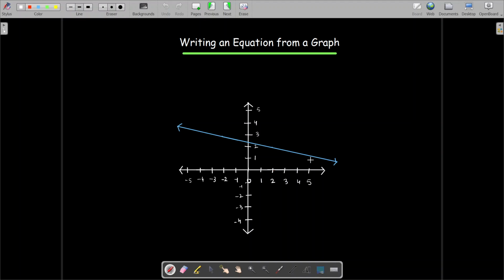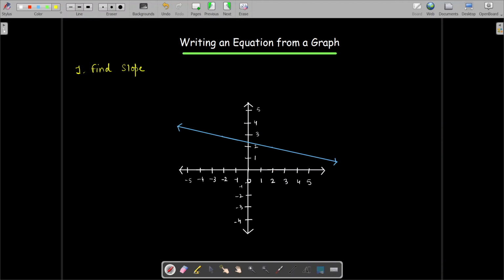First we will find the slope. To find the slope, we need to just select 2 points on the line and determine the vertical change and the horizontal change. That will be the slope.